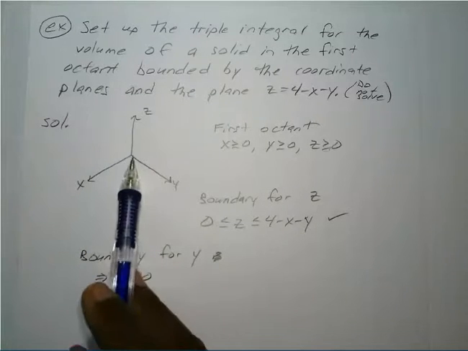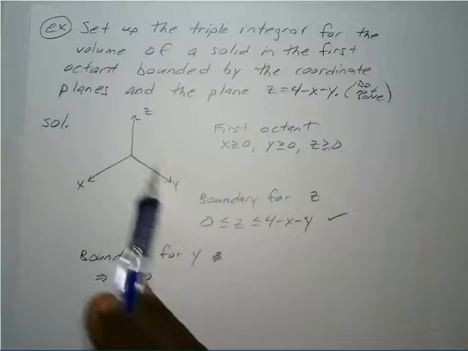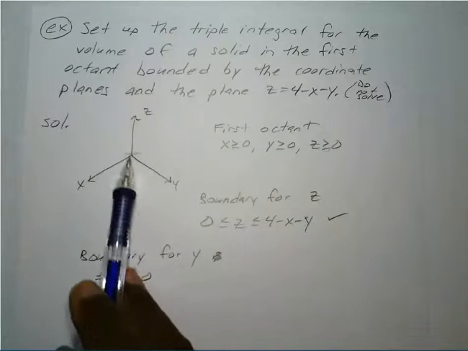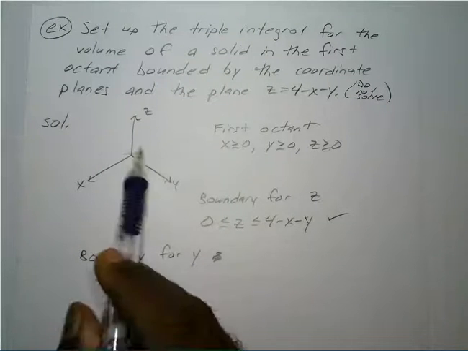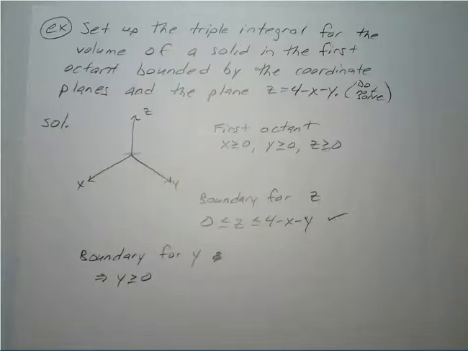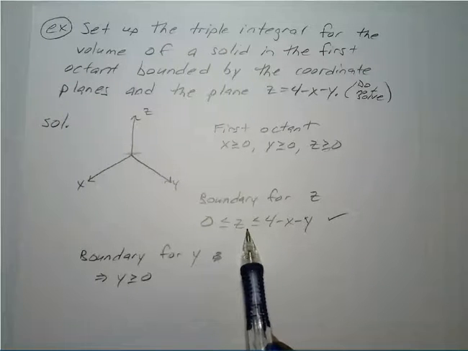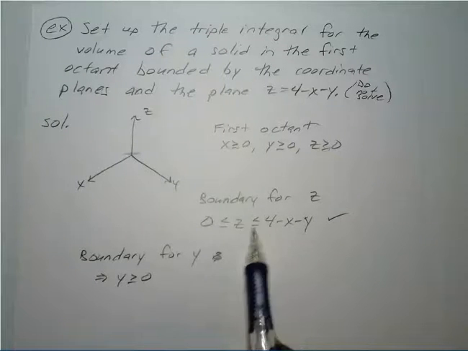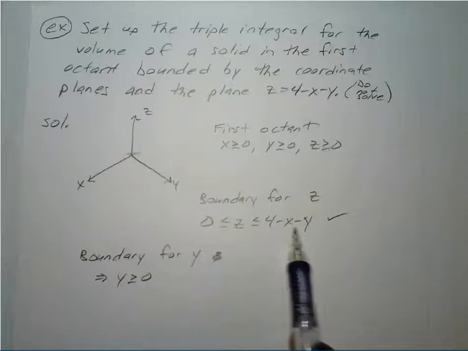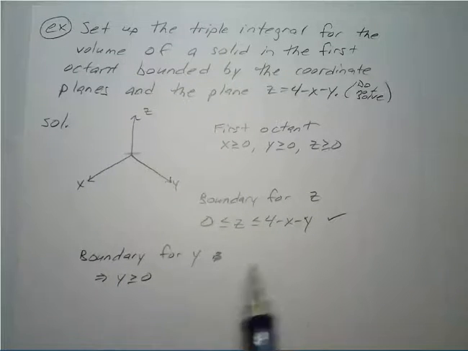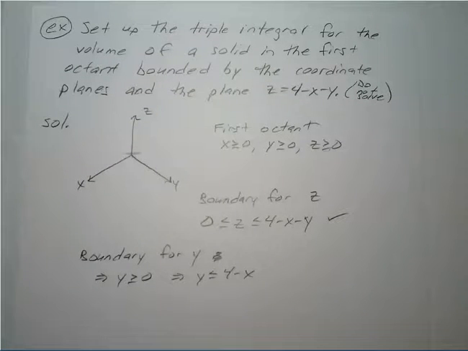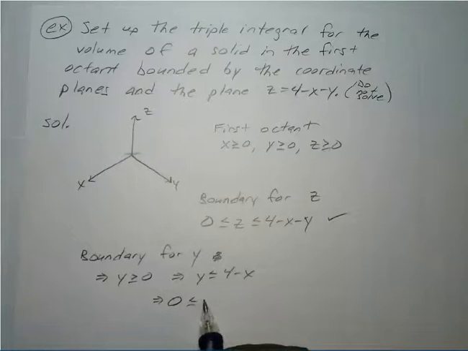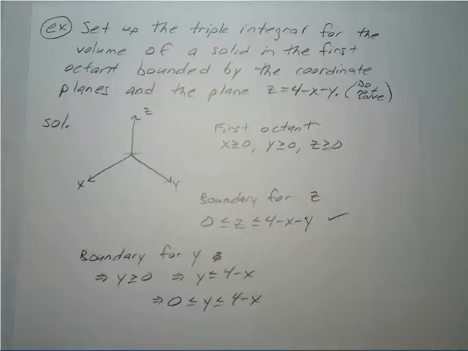Since we're looking just along y, we can pick where z is equal to 0, because we're really looking at just the xy plane. So if z is equal to 0, that's 0 is less than or equal to 4 minus x minus y. If we add y to both sides, we end up with y is less than or equal to 4 minus x. So that gives us the boundary of y being between 0 and 4 minus x.